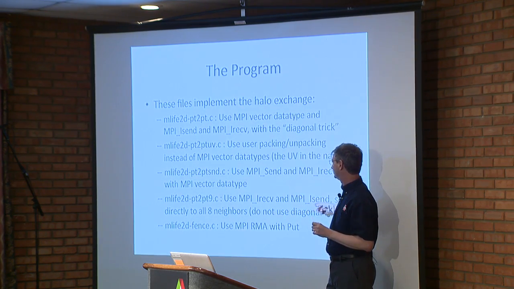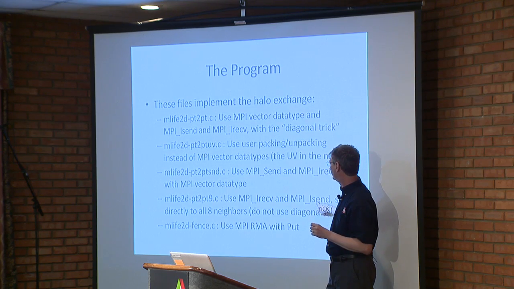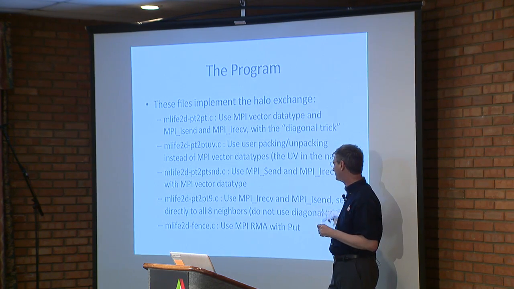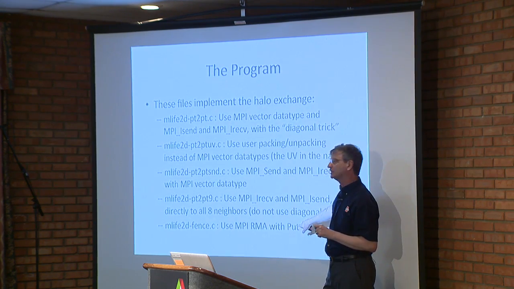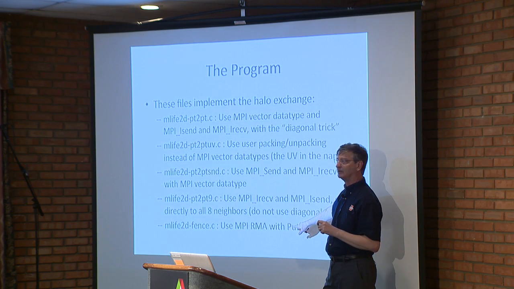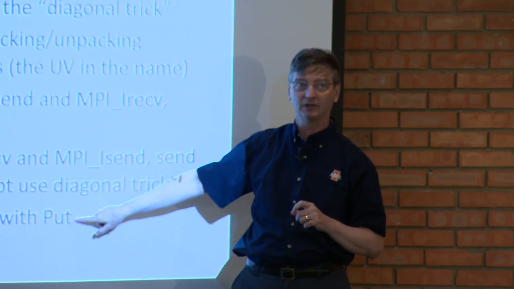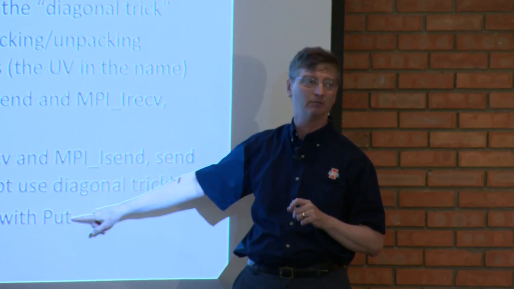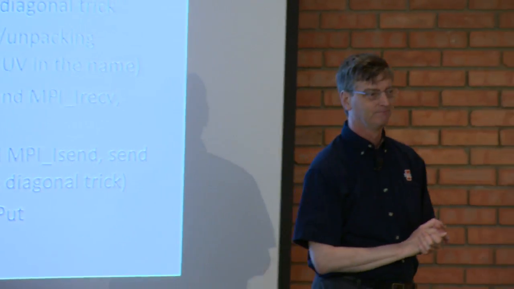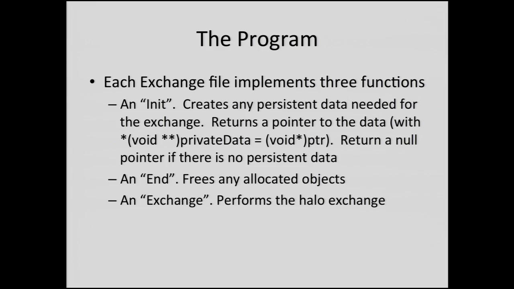You could send the corners with MPI send in almost all cases. And then there's also a version that uses the one-sided. The Fortran version has a bug in it, which I have just fixed but not uploaded. Okay. Well, I will upload it before we talk about the one-sided.